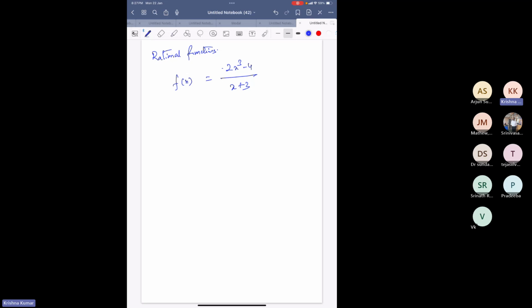Then we call this one the numerator and another the denominator. Then we call this a rational function. So we also have trigonometric functions, which are called transcendental functions.